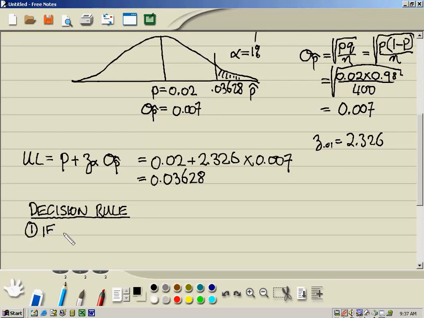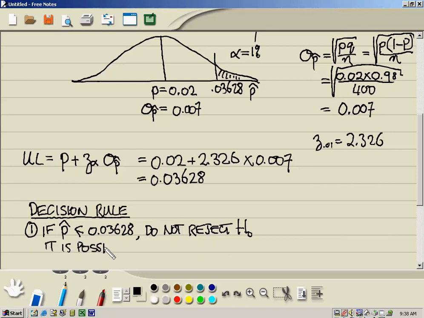If, we're doing sample proportions, so if p hat is less than or equal to 0.03628, null is possible, so do not reject the null. It is possible the work is satisfactory.